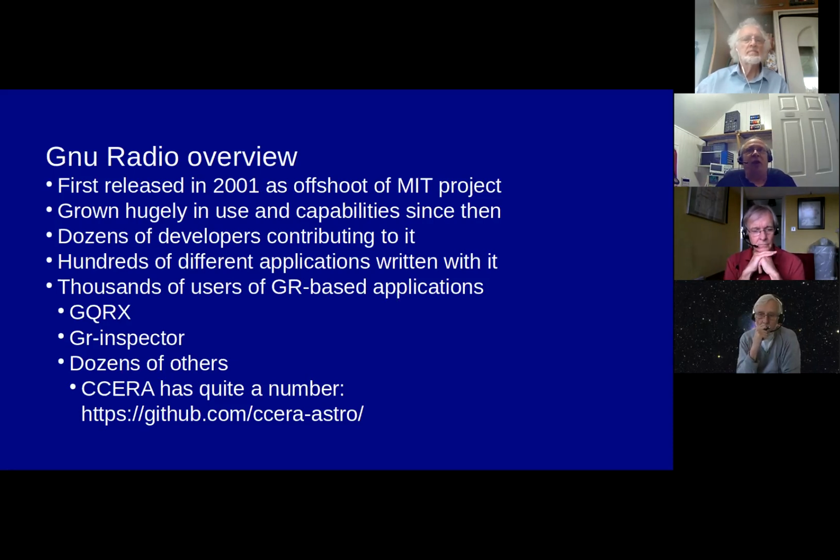You've encountered a signal and you're not sure what it is. GR Inspector is an application that uses GNU Radio to help you untangle those signals and figure out what they are and hopefully demodulate and decode them. And dozens of others. As I said, CCERA has quite a number focusing on radio astronomy, and the GitHub address is given there.